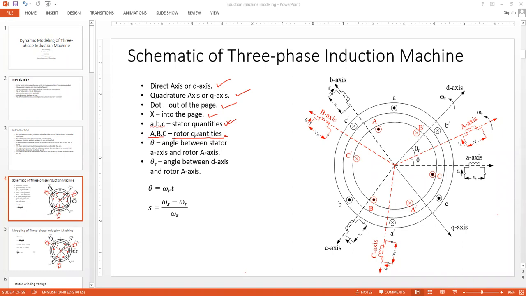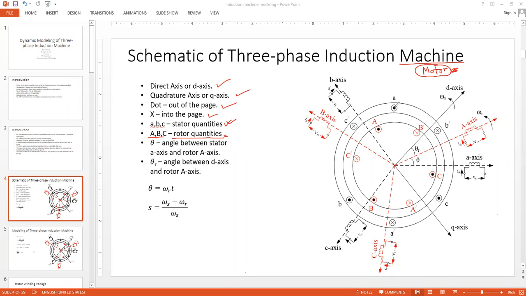Okay, so let's see the coils now. Let's start with the stator. Remember, I'm talking about an induction motor actually. So you have to be very careful about the current direction between the motor convention and the generator convention. Now I'm talking about the motor convention, so the current direction should be into the coil. So this is coil A for the stator, A dash.